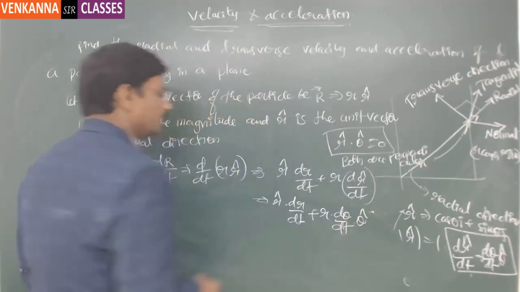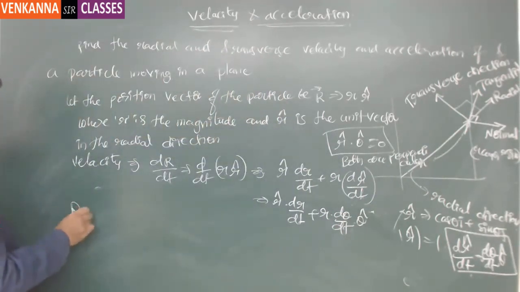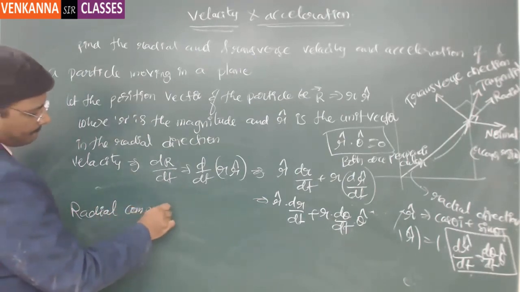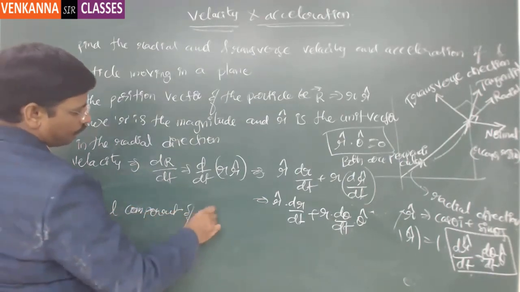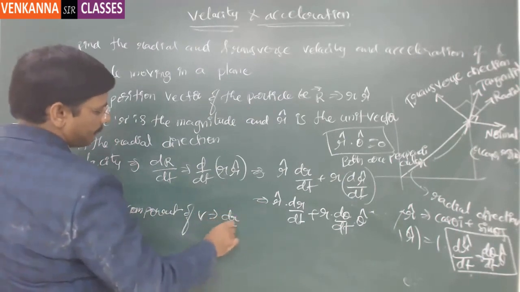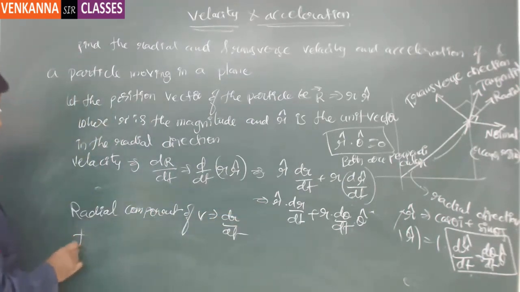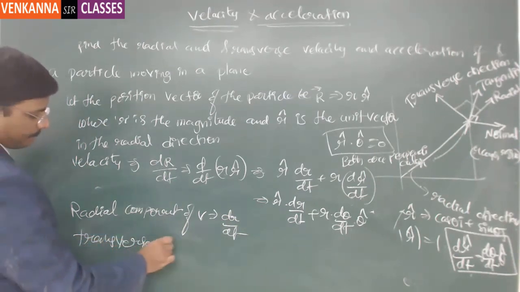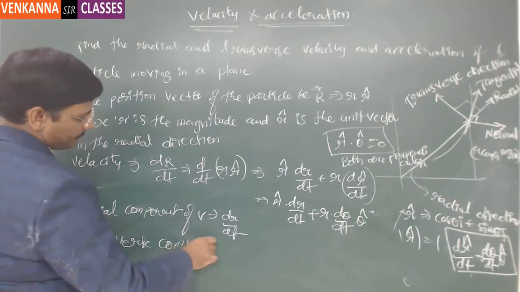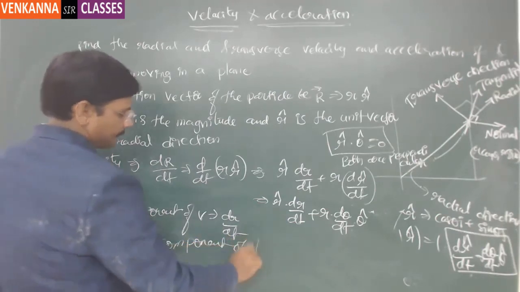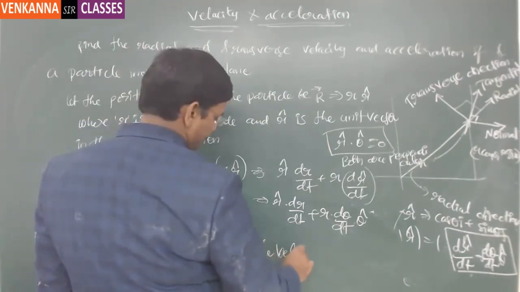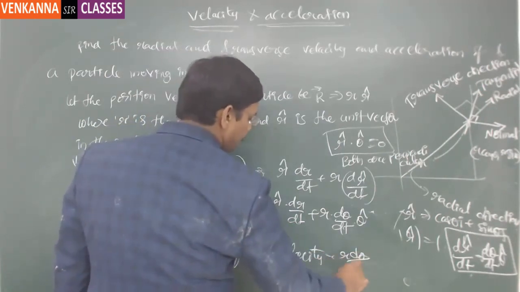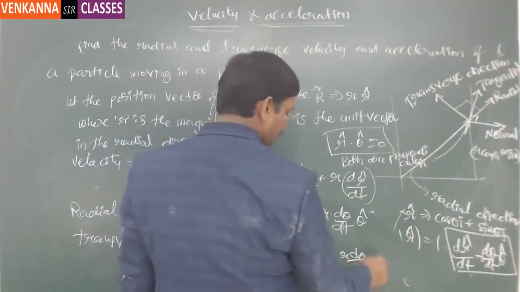So the radial component of the velocity is dr by dt and the transverse component of the velocity is r d theta by dt times theta cap, right?